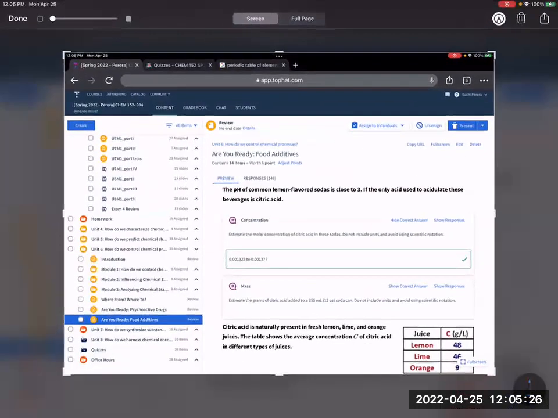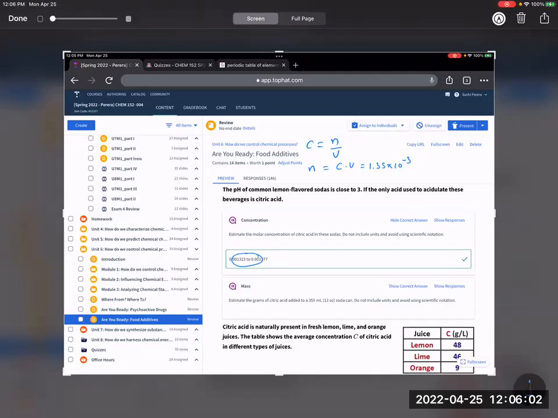Now let's do this. We know the concentration is equal to number of moles over volume, and therefore the number of moles is equal to concentration times V. So the concentration is 1.35 times 10 to the power of minus 3 molar, which is the number we got before from the previous calculation.